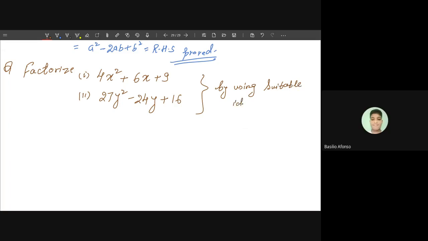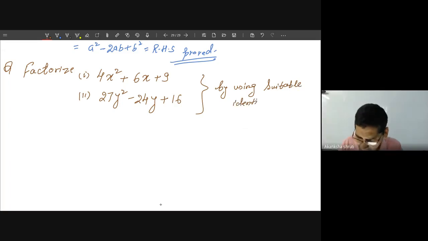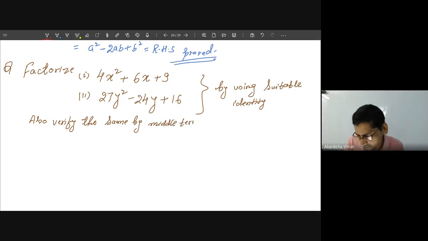Sir, 9 will become 3 square. Good. So by using a suitable identity, also verify the same by the middle term splitting method.